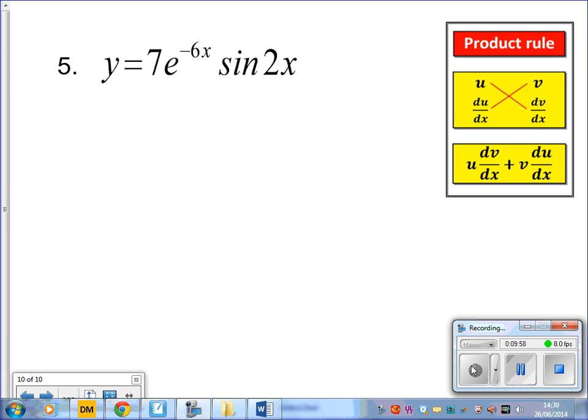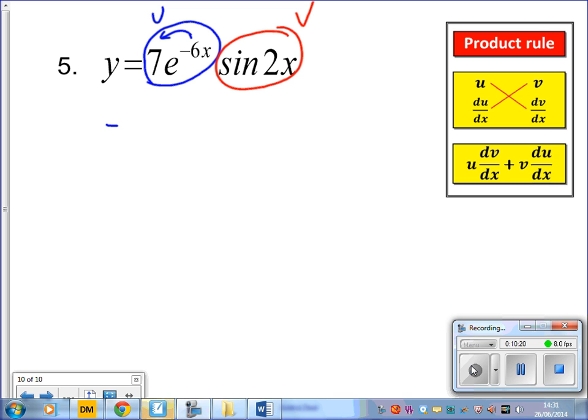Last question then, question 5. This will be my u, and this part just here, my v. We need to differentiate both of those. So the u, remember this minus 6 needs to come down to the front.